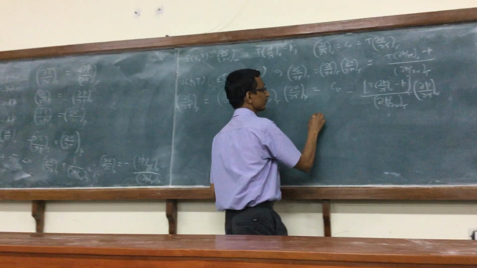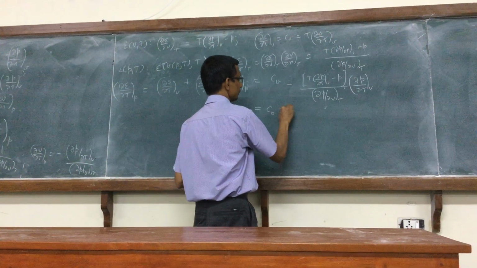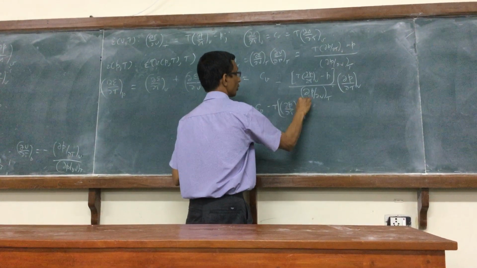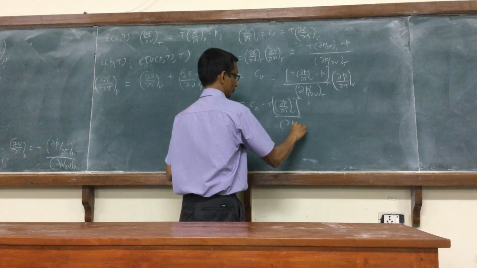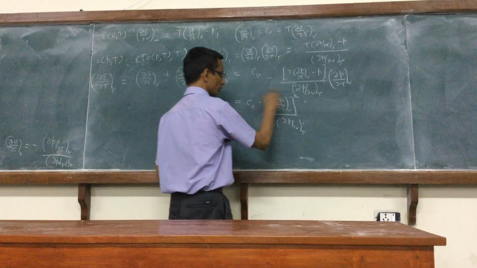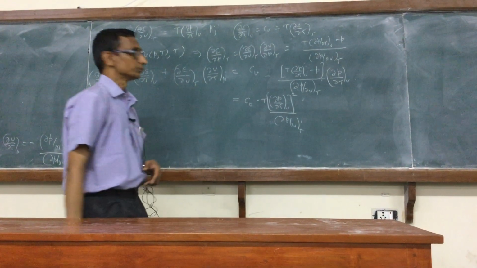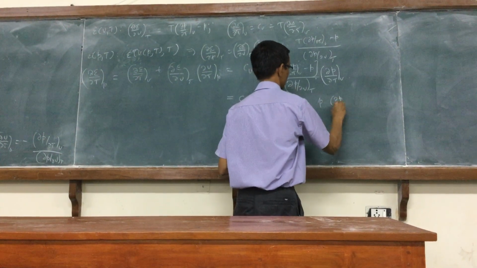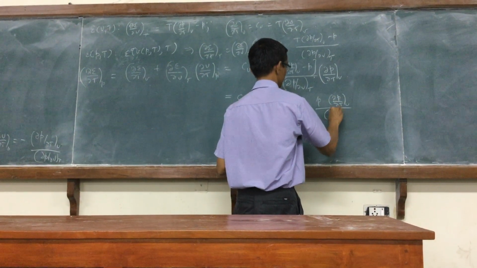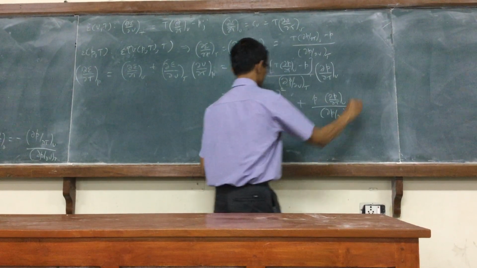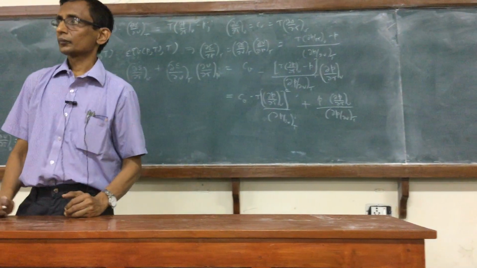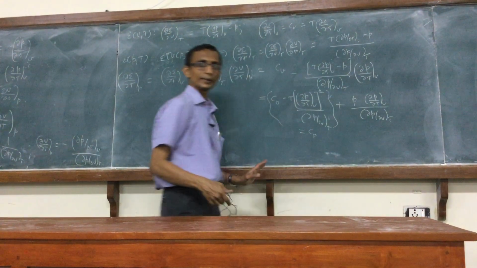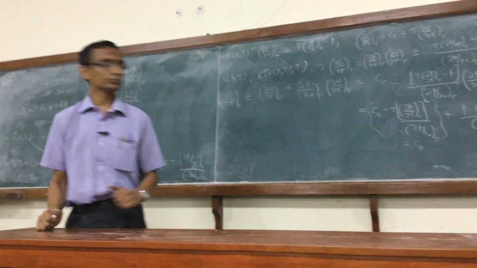So I may now write this as Cp minus P... this whole thing will turn out to be Cp, and plus P... and this will turn out to be Cp. You can ask why should this be Cp? We will prove that shortly, right?